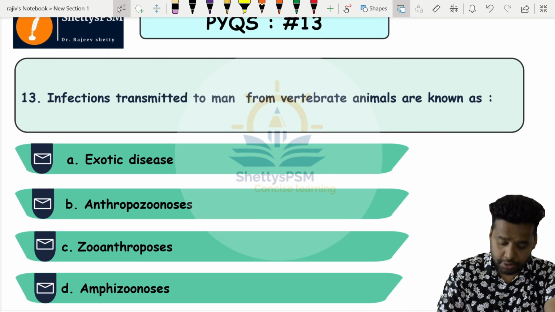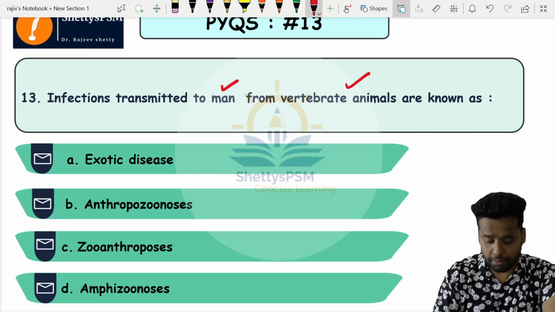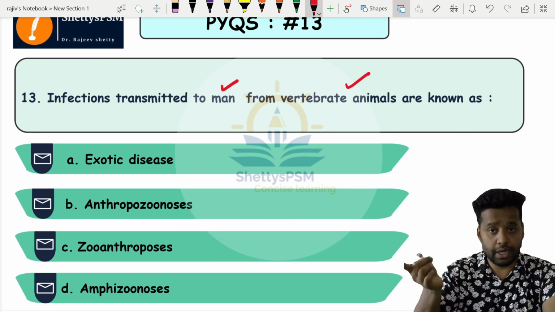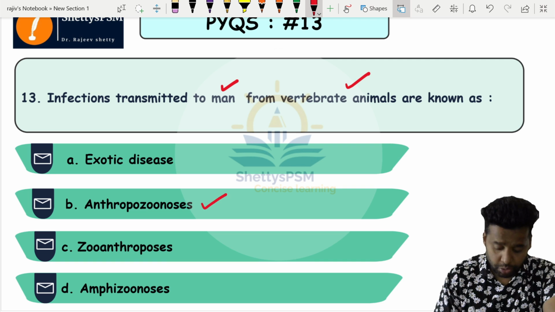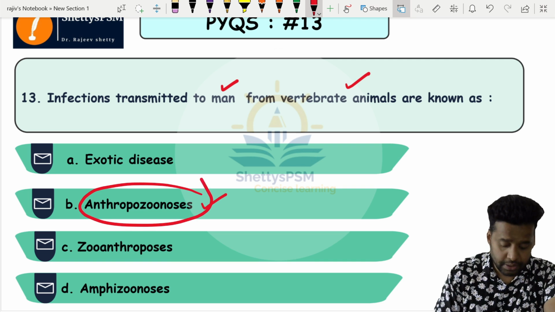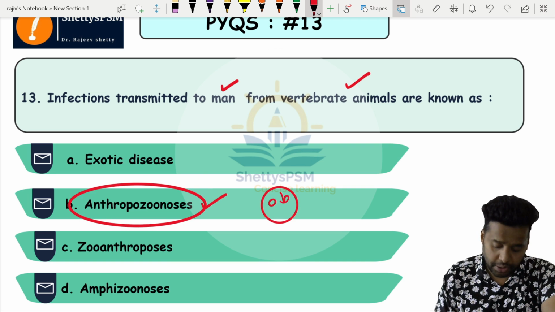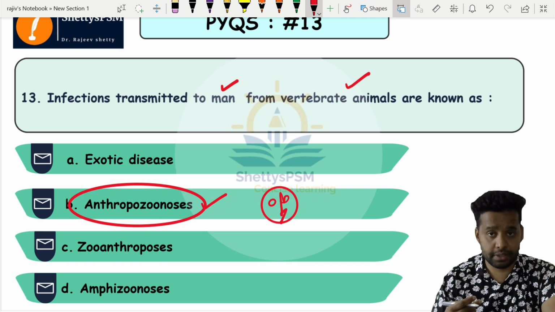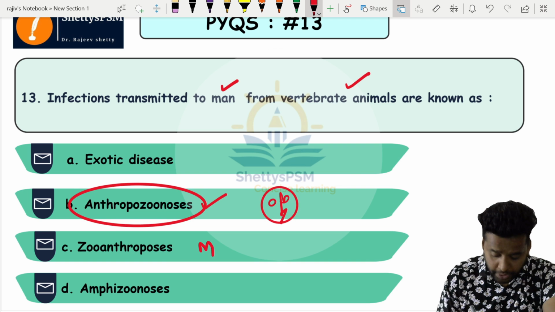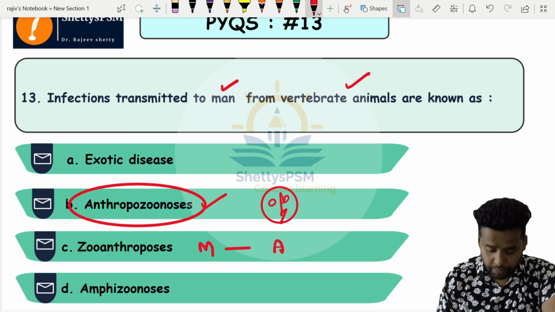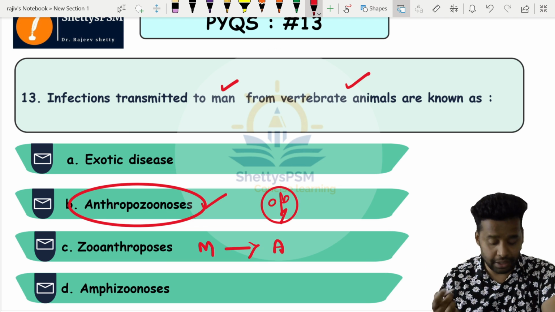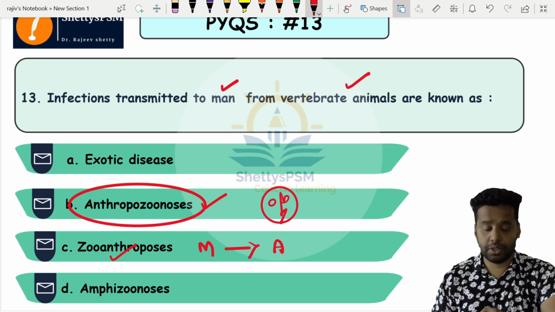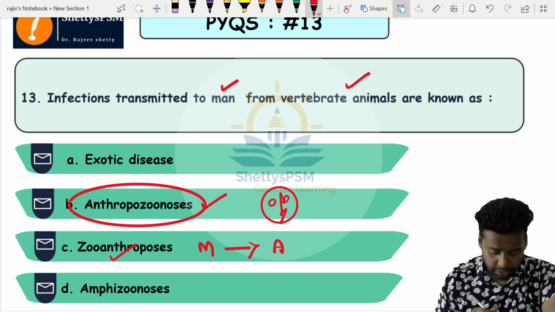Infection transmitted to man from vertebrate animals, dog to man, rats to man, is anthropozoonosis, where man will suffer. Examples: rabies, plague, anthrax. If it is from man to animal, like human TB in cattle, that is zooanthroponosis, also called reverse zoonosis.